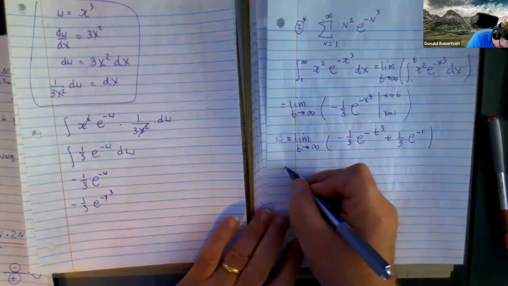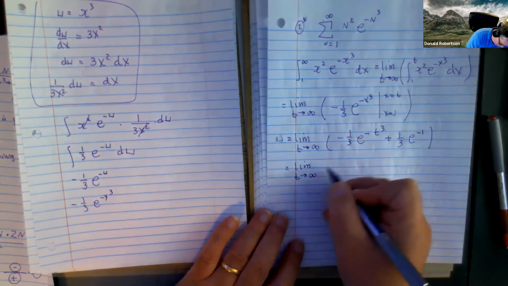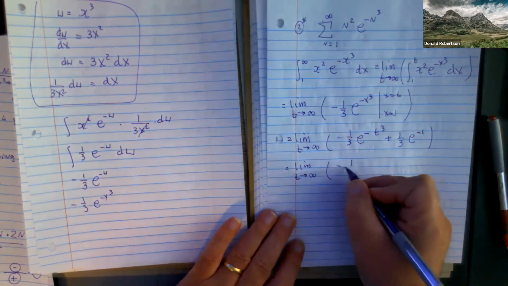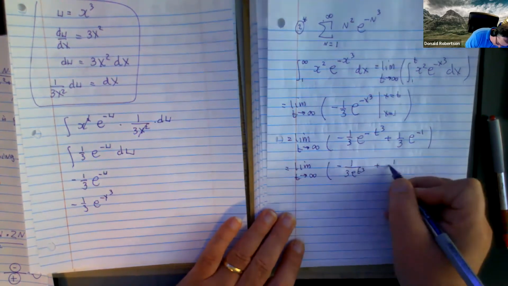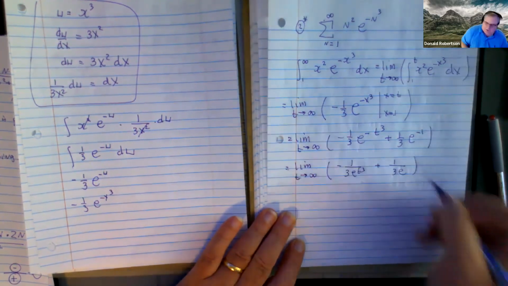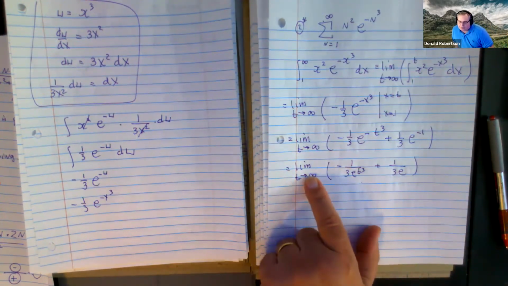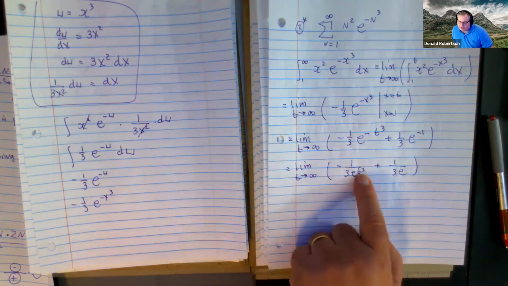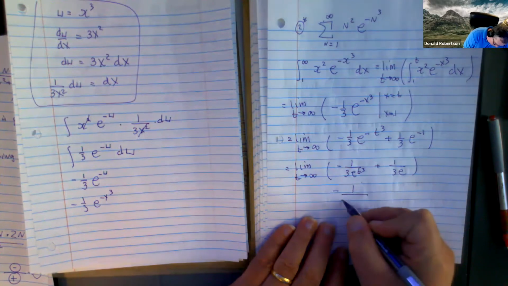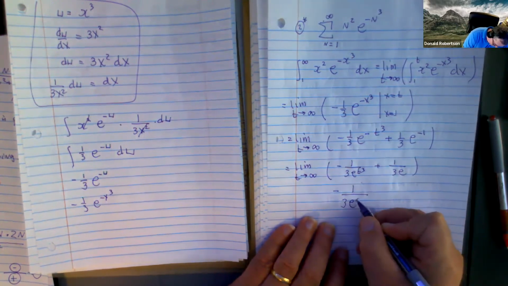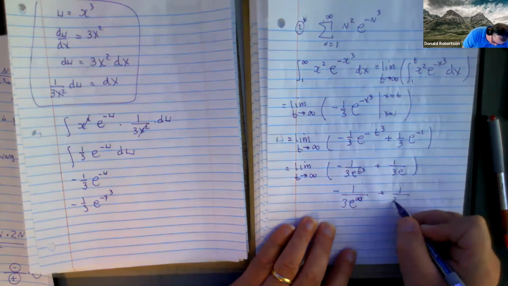I'm going to rewrite this in a slightly different form to help with the limit. I'm now about to put t is infinity in here. So it's going to be negative 1 over 3 times e to the infinity cubed, which is just infinity, plus 1 over 3e.